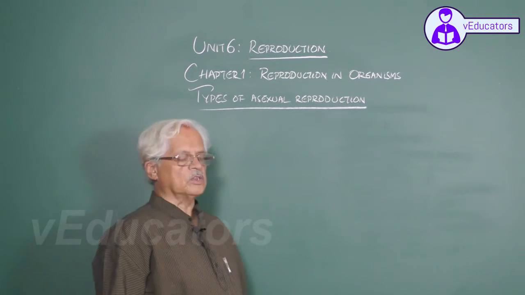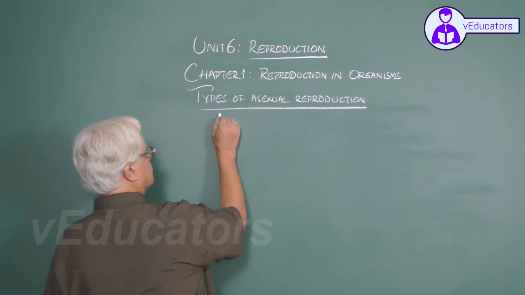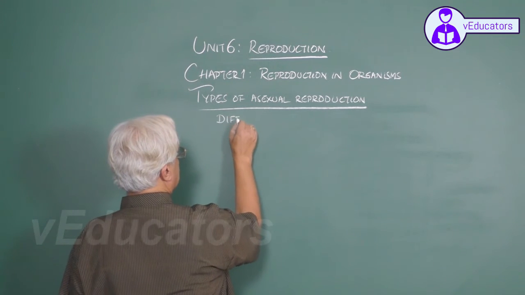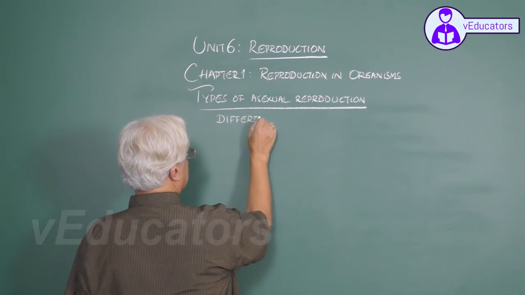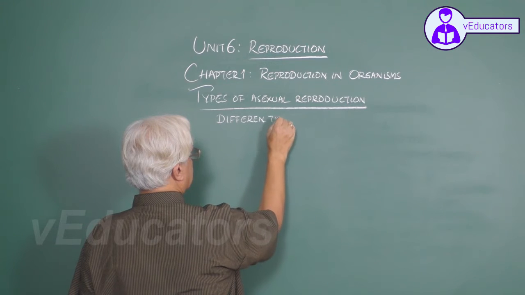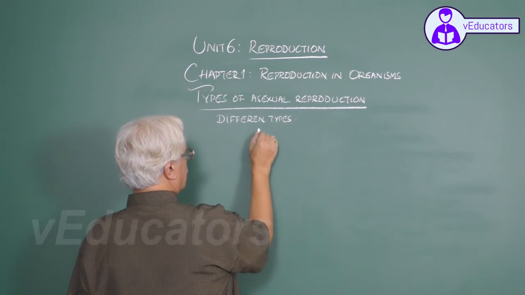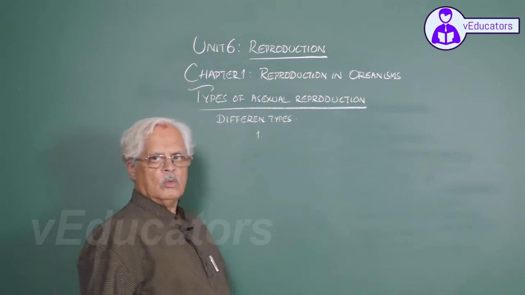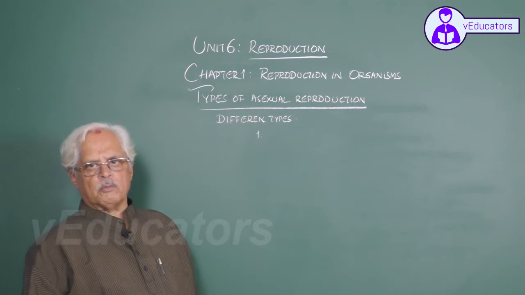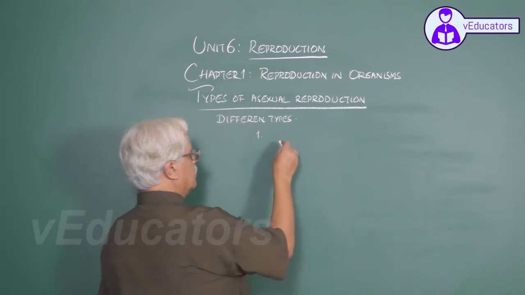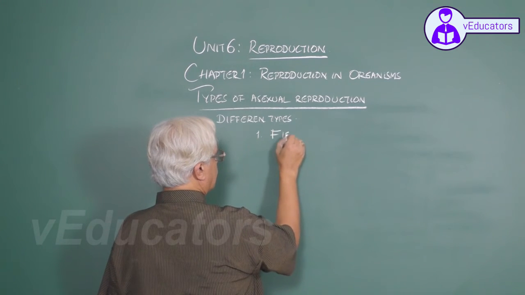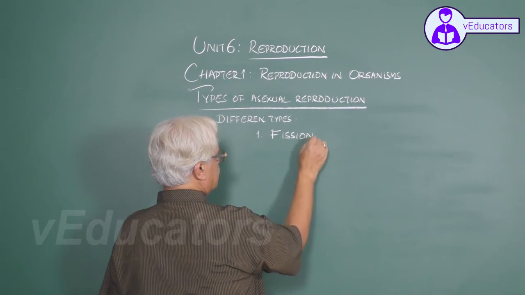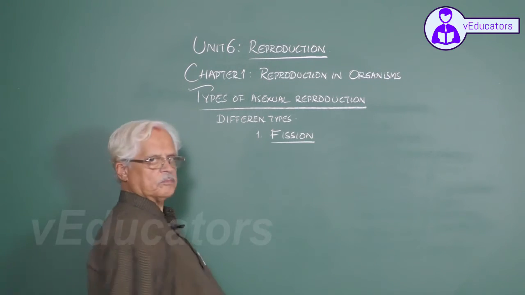Therefore, asexual reproduction is of different types. One type of asexual reproduction is called fission.